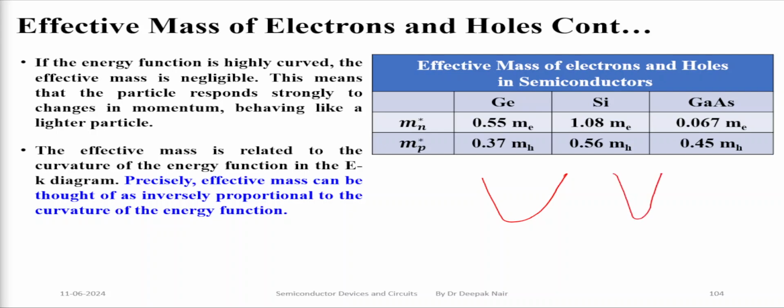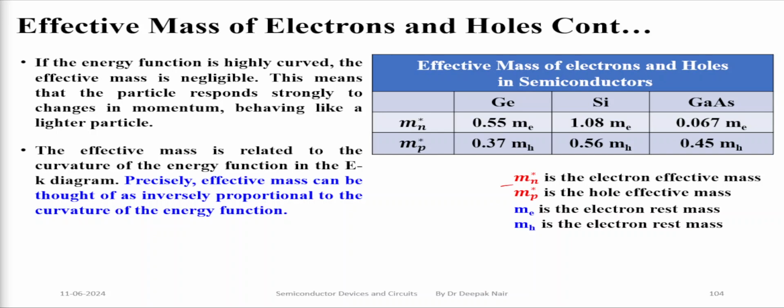Remember, if you go and check the energy wells of germanium, silicon or gallium arsenide, you will find that these wells have different curvatures, and depending on that, if the electrons are situated in these wells, they have different values of energy associated with them, and correspondingly the mass is also different.